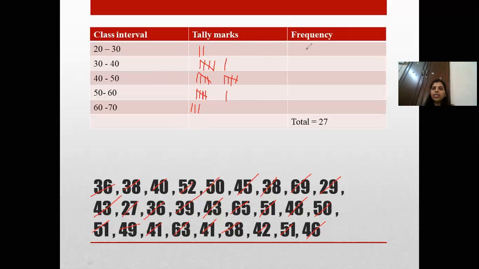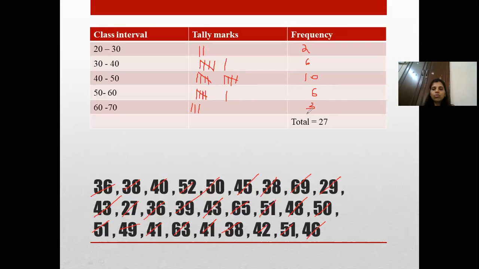Here you can see 2 lines, so frequency is 2. Here you can see 5 plus 1, 6. So frequency is 6. Here it is 10. This is 5 plus 1, 6 again, and this is 3.